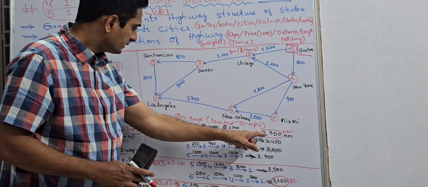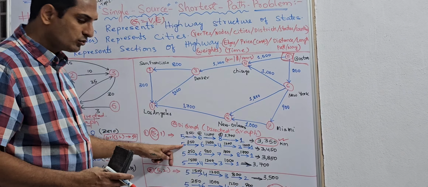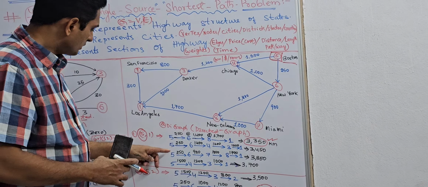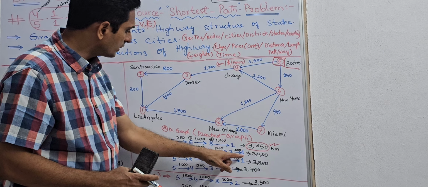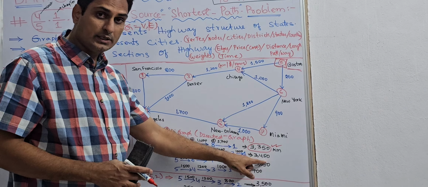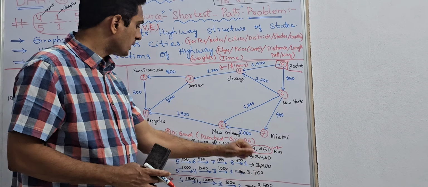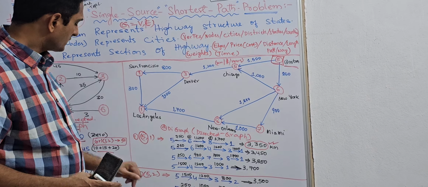So total 3350 kilometers. One more path is 5 to 6, 6 to 4, 4 to 3, 3 to 1. That is 3450 kilometers. This is a little bit bigger, not the shortest path. So out of these, the first is the shortest path.